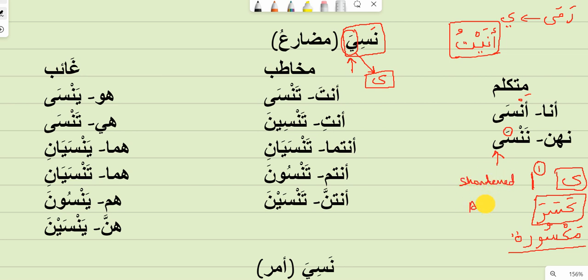Why shortened alif? Because it has one count. So in English, you can call it broken alif or shortened alif, and it is in the shape of a ya but without dots. So this is the story about alif maksura.